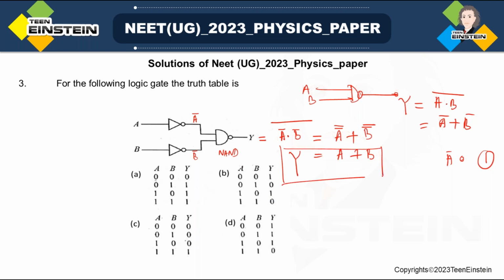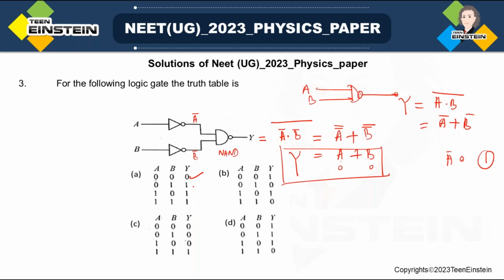Output is this. Now see, we can just see from this output which of this table is satisfying this output. See, for the first table, 0 0, if we give input 0, A 0 and B 0, obviously OR gate means output will be 0. That is fine.